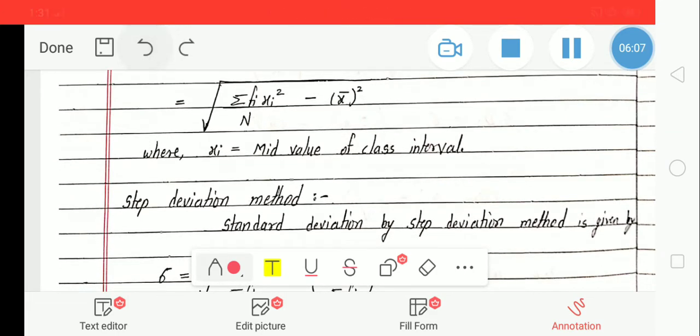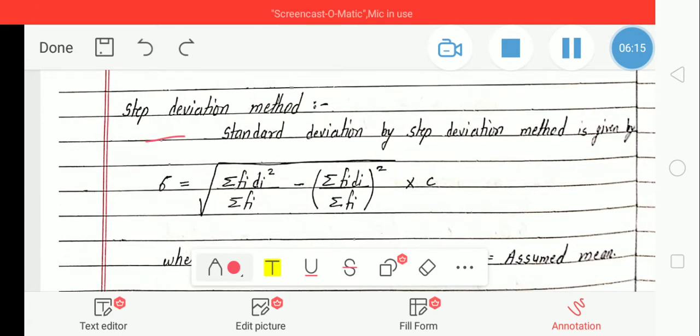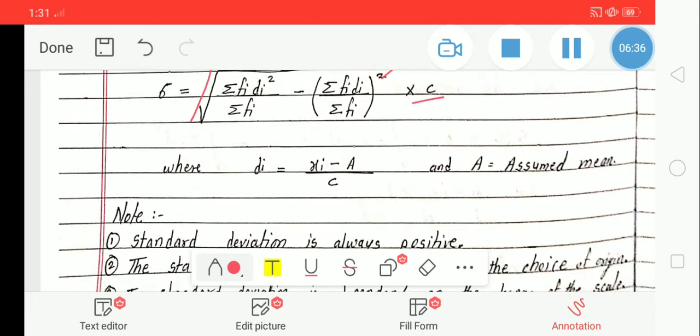Now, step deviation method. Standard deviation by step deviation method is given by sigma equal to the square root of the summation of fi di square divided by the summation of fi, minus (summation of fi di divided by the summation of fi) whole square, multiplied by c.